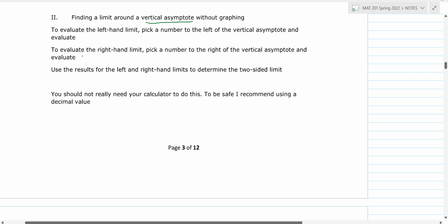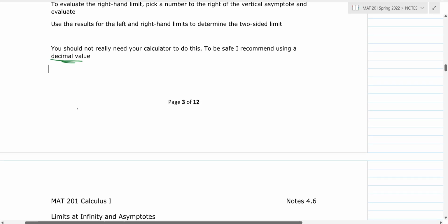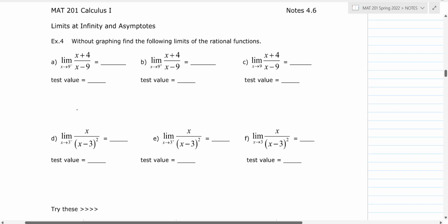And if you're doing a right-hand limit, you pick a number to the right and then evaluate. You're going to pick test numbers that are really close. You don't have to use a calculator, but just use some decimal value that's very close to it. Okay, so I'll go to the next page and then I'll show you what I'm talking about here.